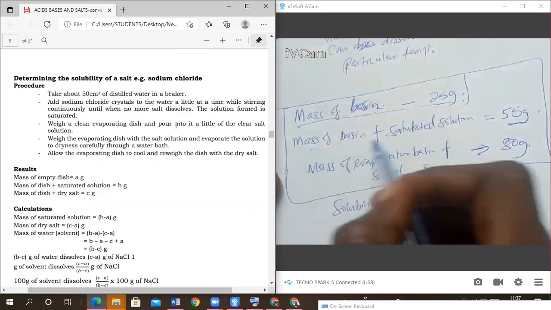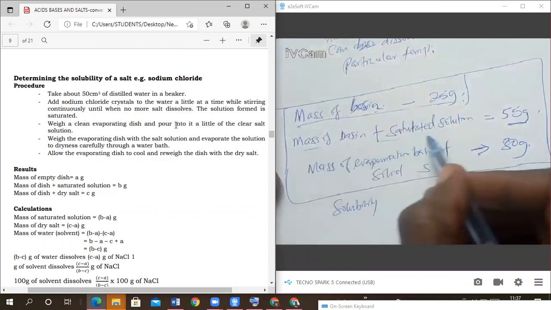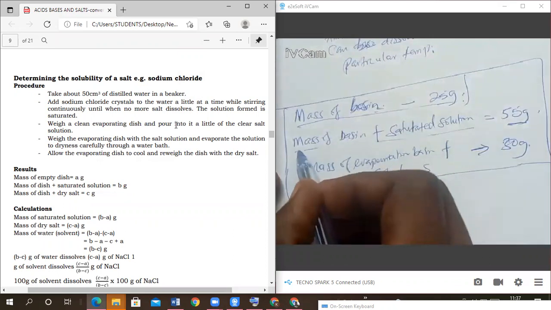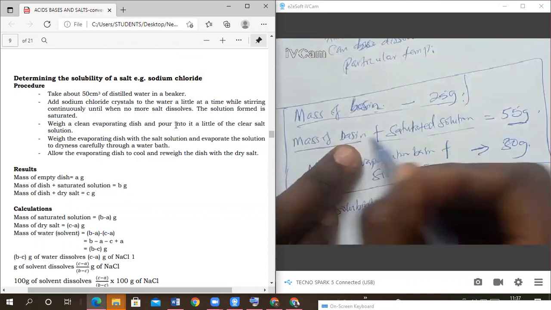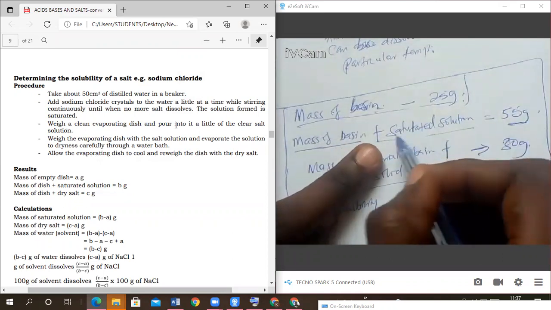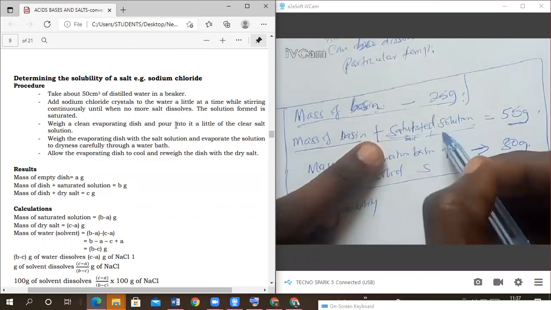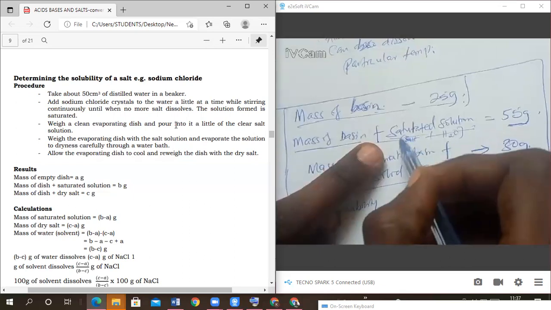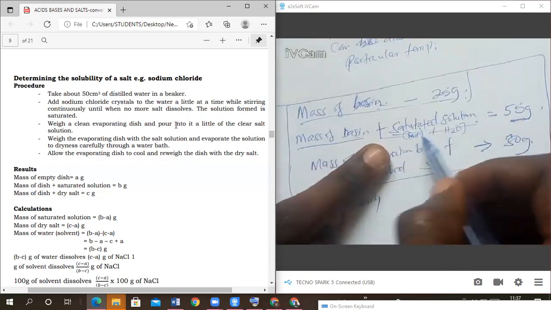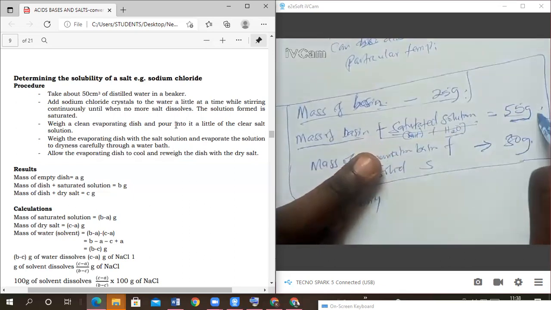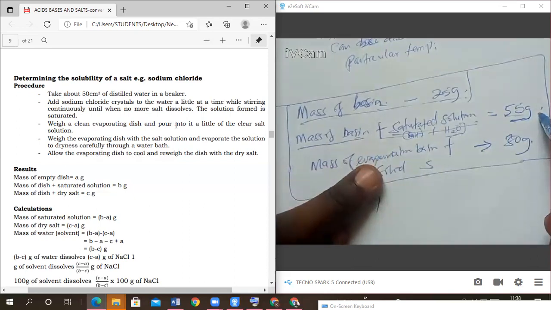Now here we have about three things. In the saturated solution, we have two things. We have sugar or maybe the salt, and what? The water. So we have the beaker, the salt, the water in 55 what? Grams.